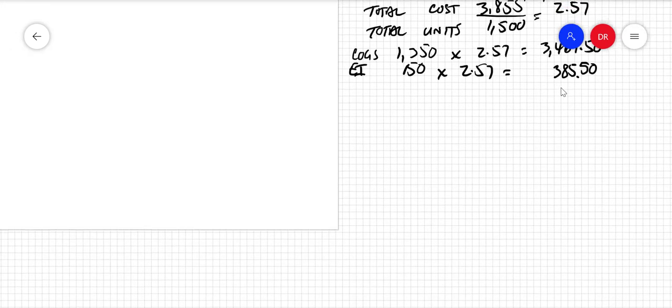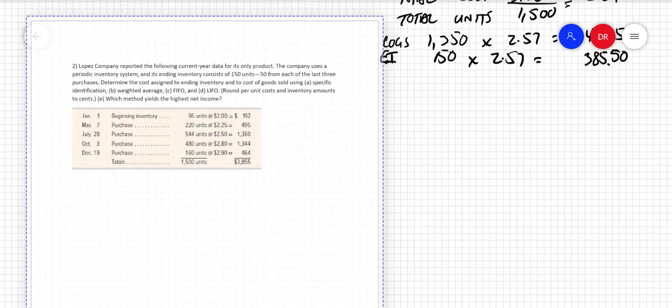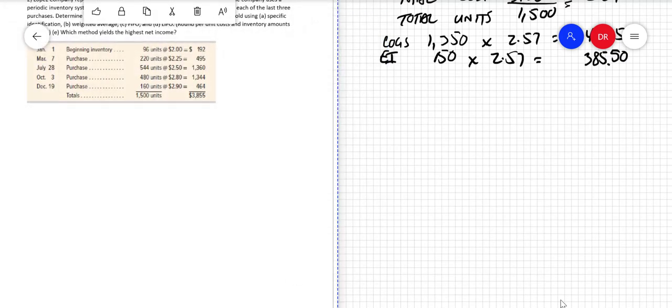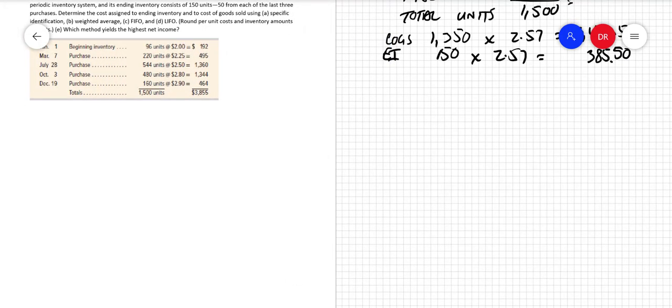Now when we get down to doing the FIFO and LIFO, the weighted average will come in between those. And so for FIFO, remember what we were doing. We were looking at the first items purchased were actually the first items sold.